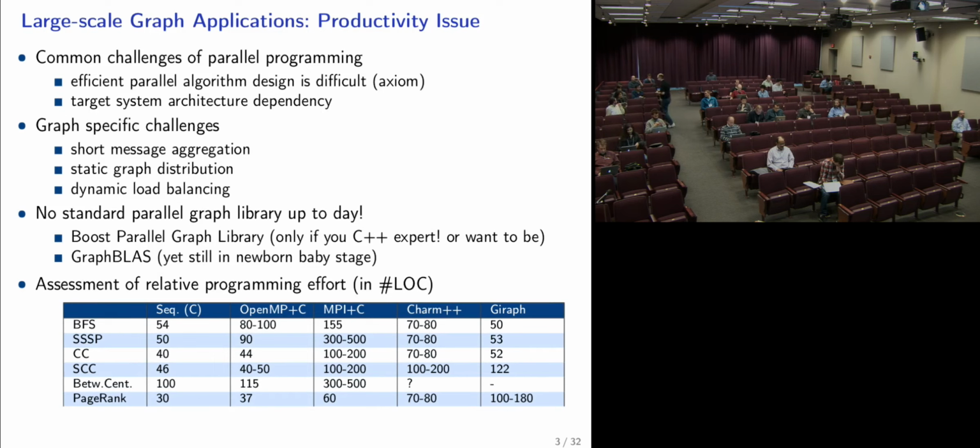Other problems in graph applications are related to graph distribution, static as well as dynamic. There are graphs that can be statically well distributed among computer nodes, but some graphs are skewed, can be dynamically reconfigured, and are very irregular.